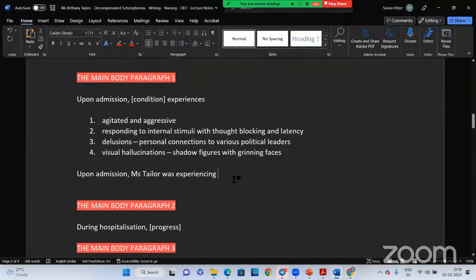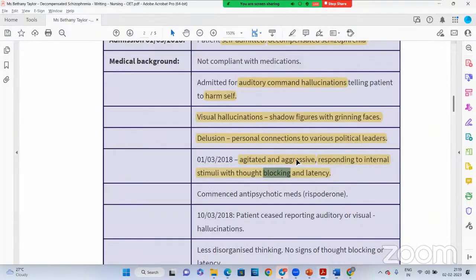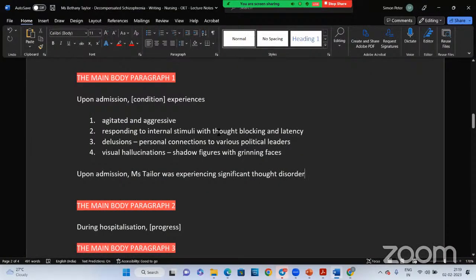Miss Taylor was experiencing considerable or significant thought disorder. Once again, you see: agitated and aggressive, responding to internal stimuli with thought blocking and latency. Here thought blocking is the main problem. This is the danger zone.